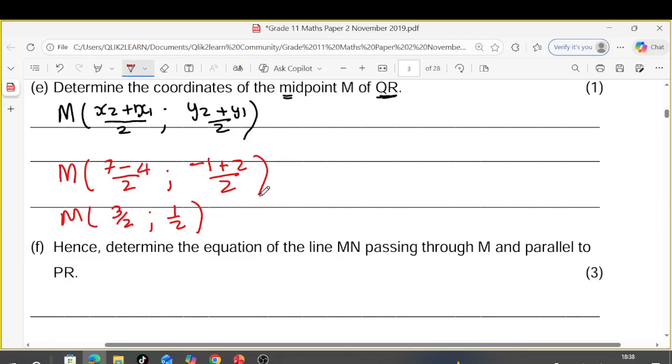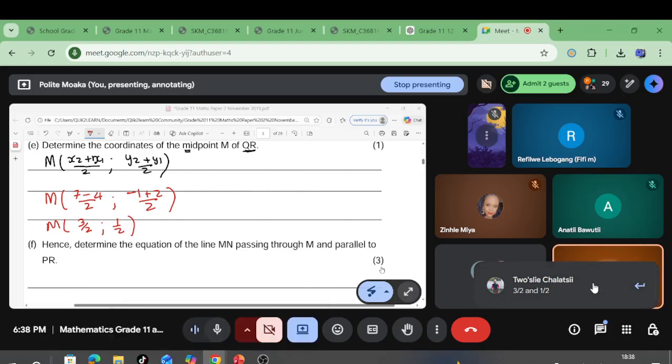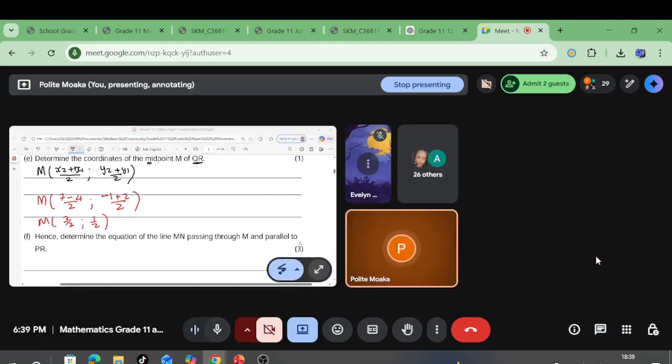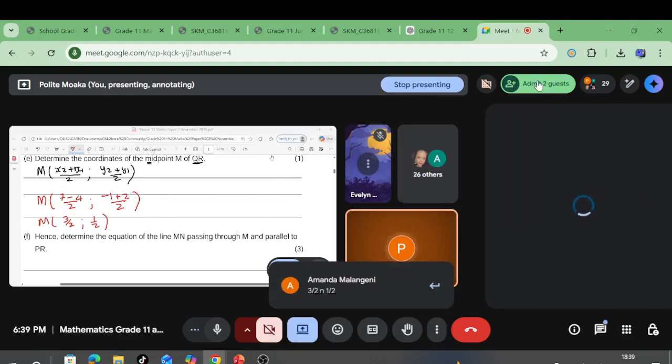3 over 2 and 1 over 2, Ntombizodwa, thanks. That's correct, Ntombizodwa. You see, Ntombizodwa is on TikTok and she's participating. Tosile, I'm not sure if I'm saying this right. Thank you very much. That's correct.